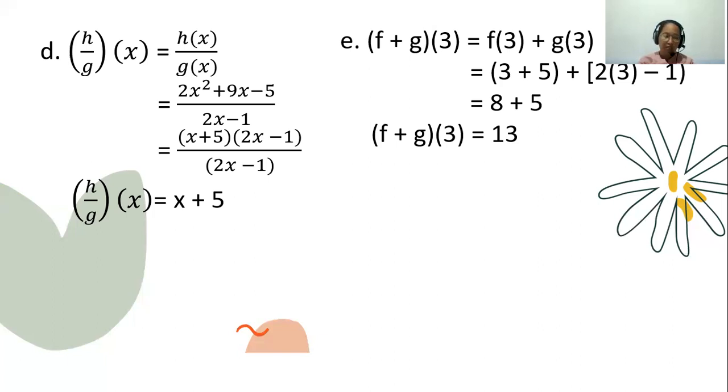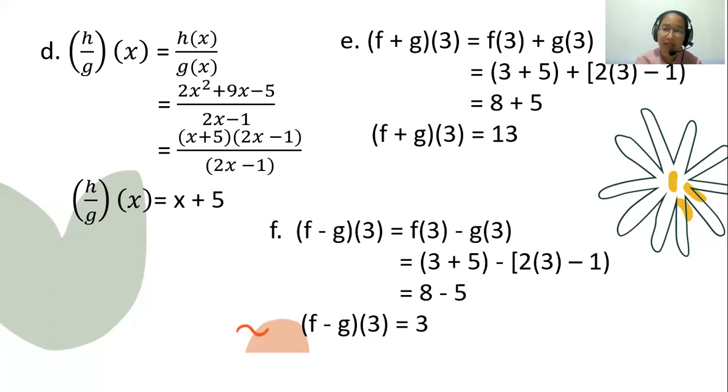And the expression for g of x, which is 2x minus 1: 2 times 3 is 6, minus 1 is 5. So combining 8 and 5, we have f plus g of 3 is equal to 13.